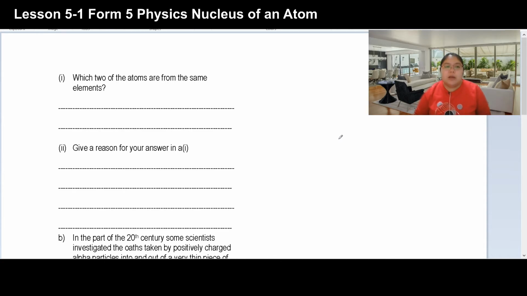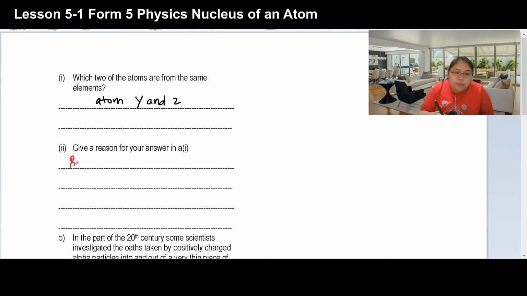So from here, referring to the diagram just now, Y and Z are the same element. Proton number and electron number are the same. So there's atom Y and also Z. Give the reason why they are the same element.